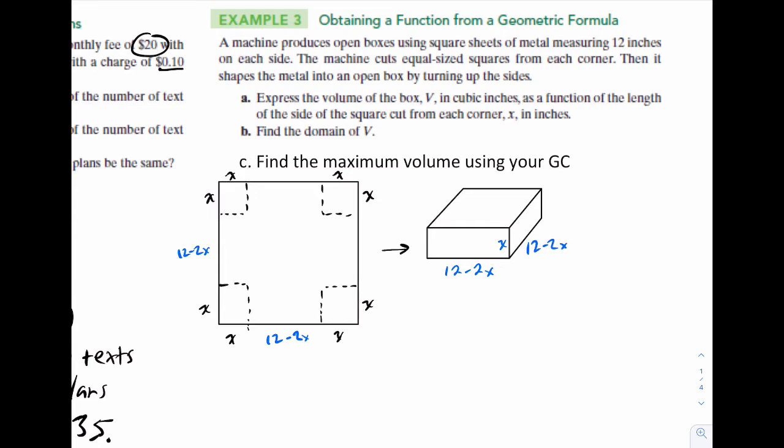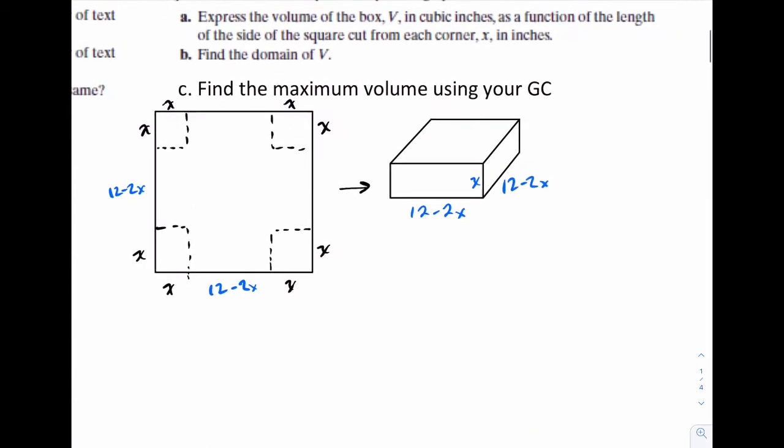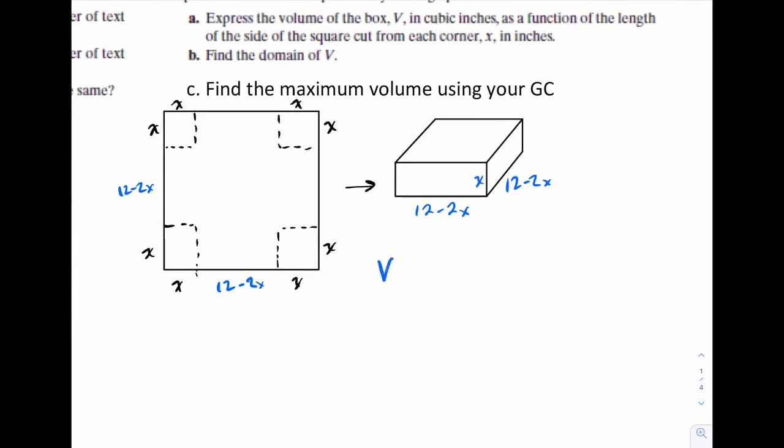So there's a visualization. So for the volume, recall the volume of a box is simply length times width times height. So this should be x times 12 minus 2x squared. Now let's find the domain and find the max volume.